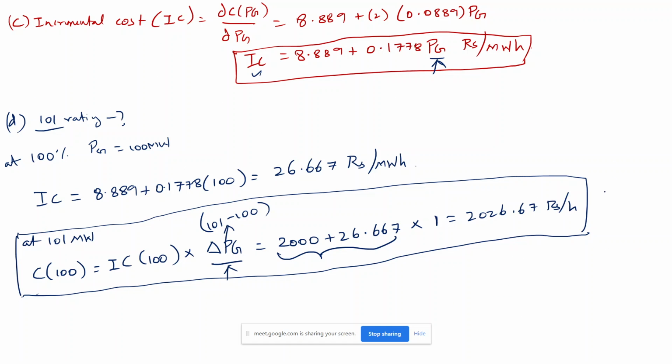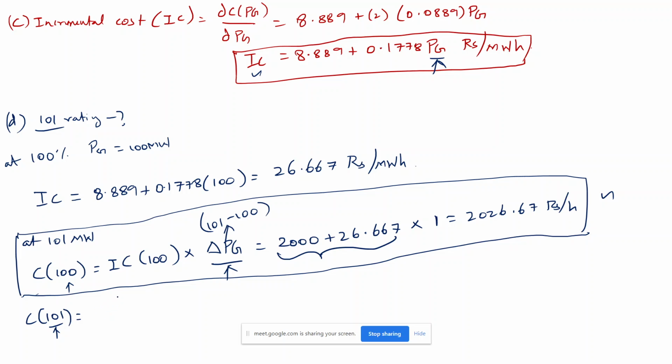Then I am going for the quadratic approach. So in the quadratic approach, I directly take C101. Here what I did, I first found out for 100 and then added or multiplied with the change in delta. After doing this, I got this value, and this is the traditional quadratic method.